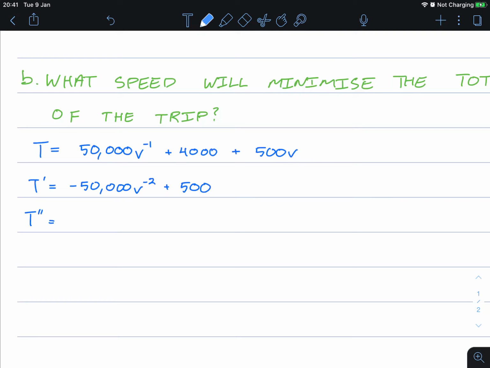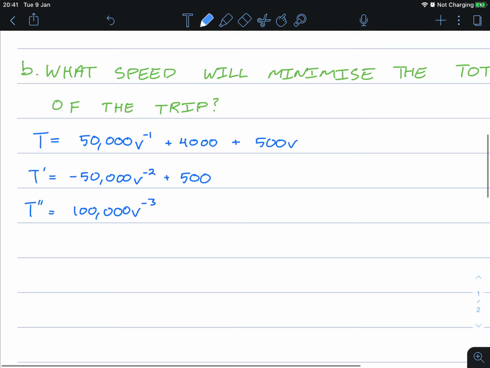This is going to give us 100,000 V to the power of negative 3. 500 is a constant, it will go away. So our second derivative is going to be 100,000 on V to the power of 3.